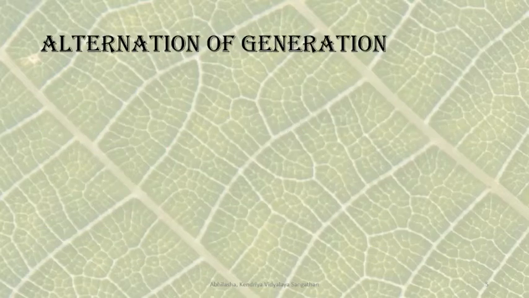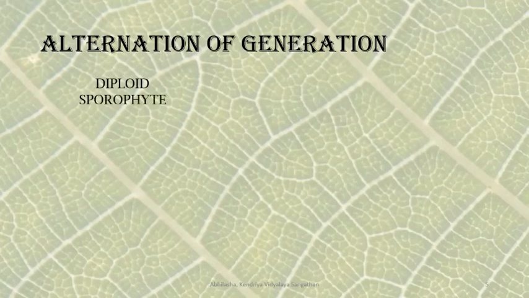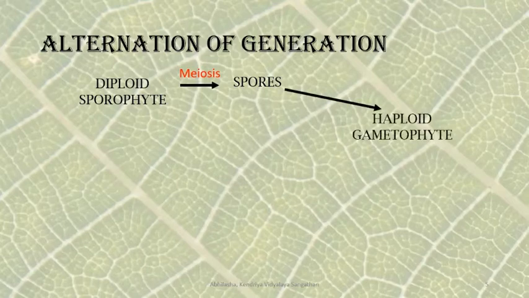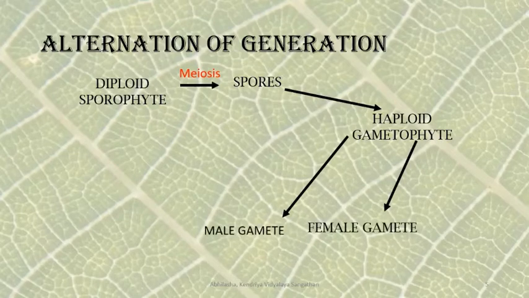Now this alternation of generation can be better understood through this life cycle. Here is the diploid sporophyte, which undergoes meiosis to form spores. Haploid spores will germinate to form haploid gametophyte. These haploid gametophytes will reproduce through gametes, so they will form the male gamete and the female gamete.